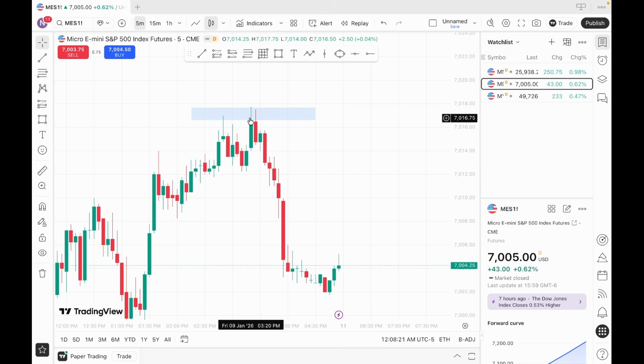So wicks don't tell you direction. They only tell you that it failed to go to that area, right? What's most important is the body of the candle, and the placement of the body of the candle makes a difference. Look, right here price tried to go in that direction but failed, came down, and closed at the bottom of the candle.